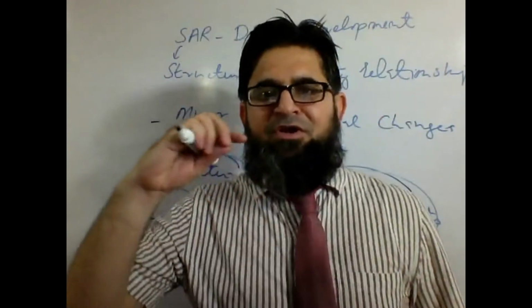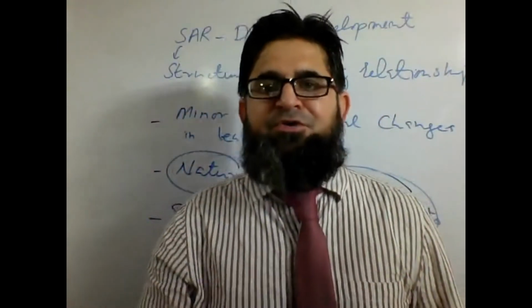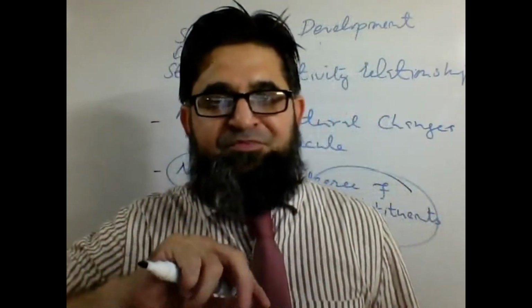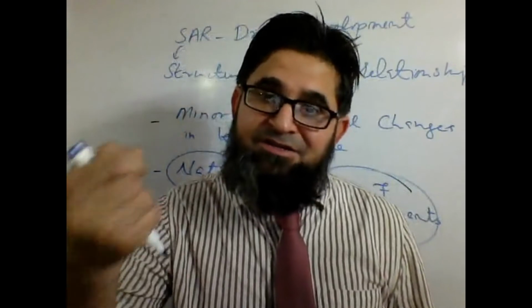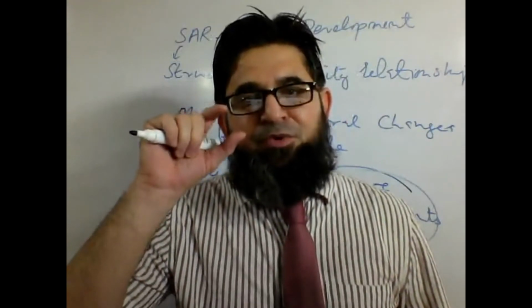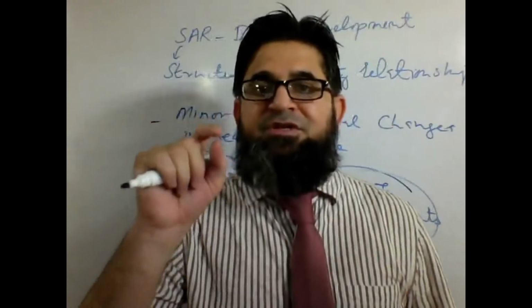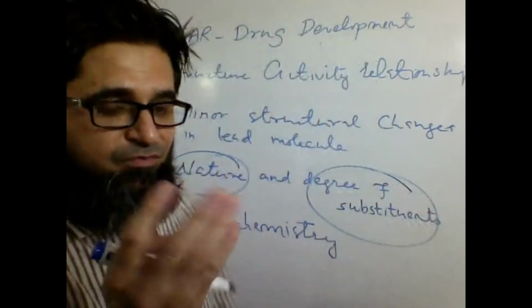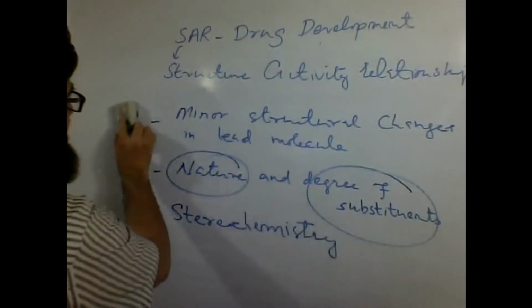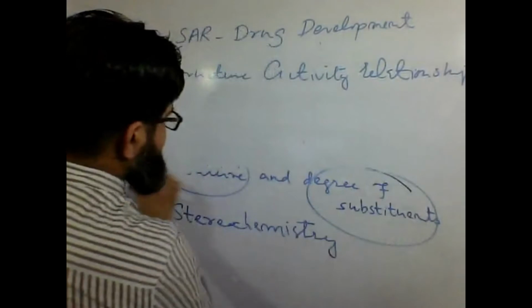If the molecule is in trans form, we could try to convert it into cis form. If the lead molecule is already in cis form, we can check the potential efficacy of the trans form. So this is how we can try with the change of stereochemistry. And this is how the basics could be done, you know.